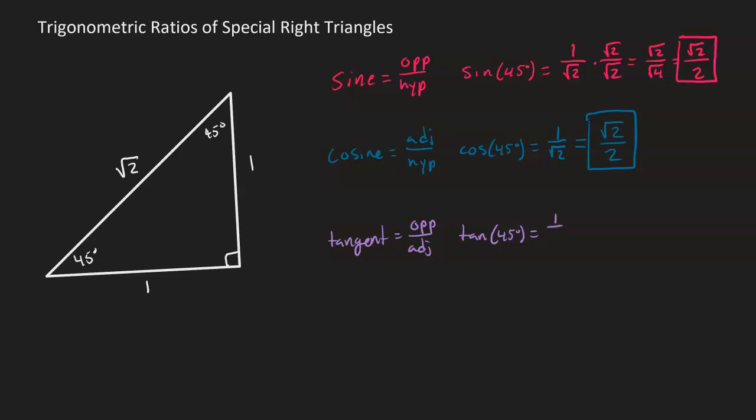Therefore, tangent is 1 over 1, which simplifies to 1. Isn't that nice? So again, to reiterate, sine of 45 is rad 2 over 2, cosine of 45 degrees is rad 2 over 2, and tangent of 45 degrees is just 1.